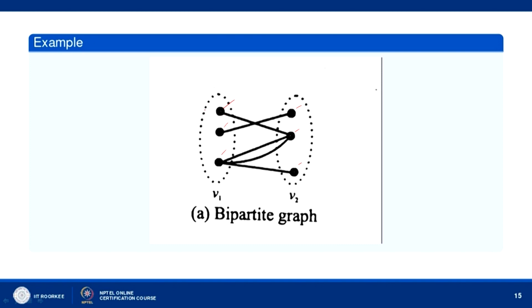One is this set of 3 vertices, another one is this set of 3 vertices, and every edge of G joins a vertex of V1 to a vertex of V2. These are edges of G, this is an edge of G, and so on. Every edge of the graph G joins a vertex of V1 to a vertex of V2. So, it is a bipartite graph.